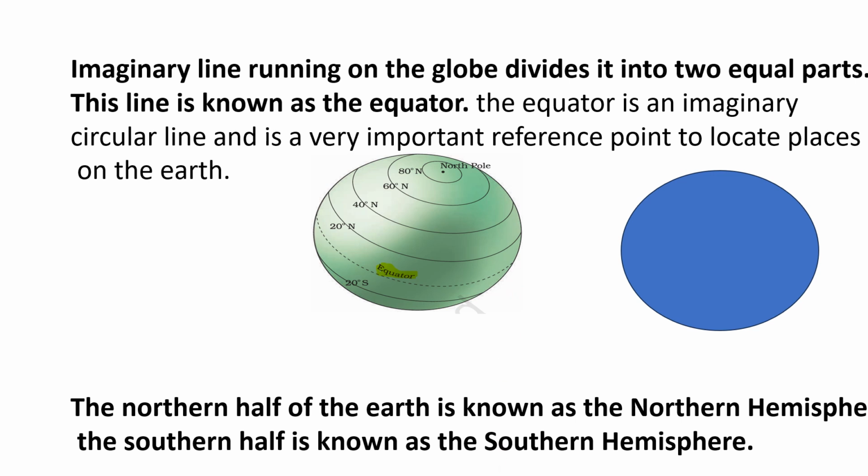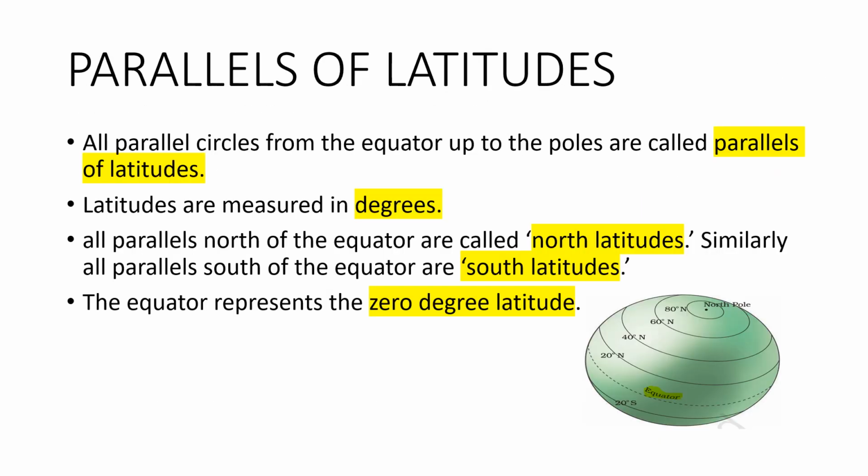Suppose this is a globe and the equator will divide it into two equal parts, the northern hemisphere and southern hemisphere. The northern half of the earth is known as the northern hemisphere and the southern half is known as the southern hemisphere.